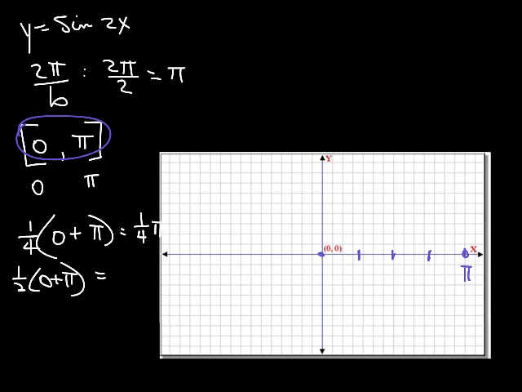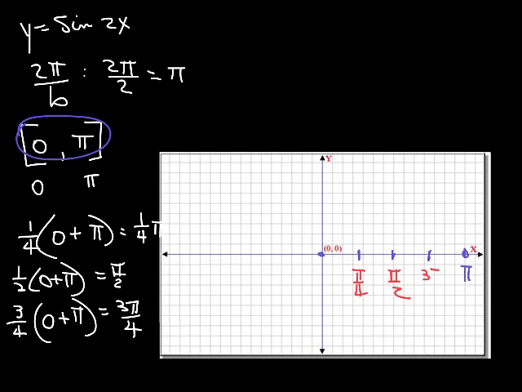It's 1/2 pi, or pi over 2. My 3/4 point will always be 3/4 times the sum of my endpoints, which is going to be 3 pi over 4. So those are going to be my x values here. Pi over 4, pi over 2, and 3 pi over 4.